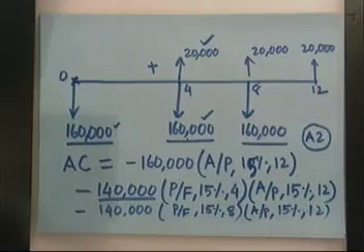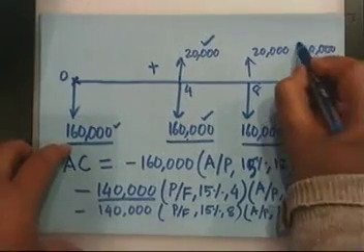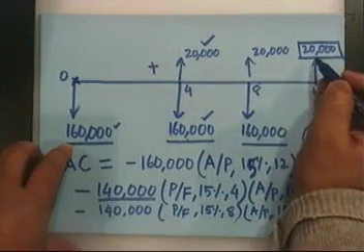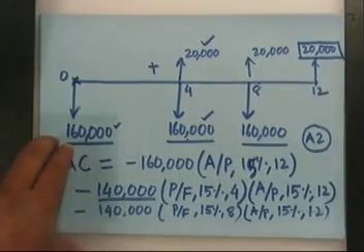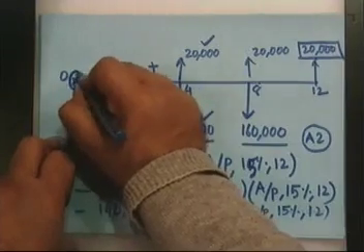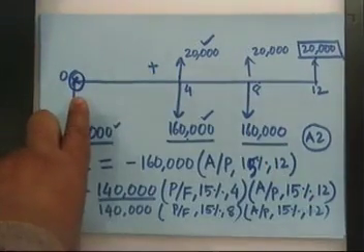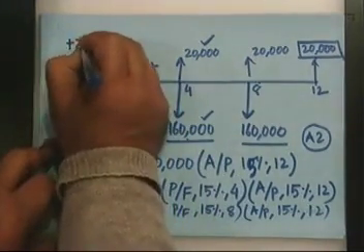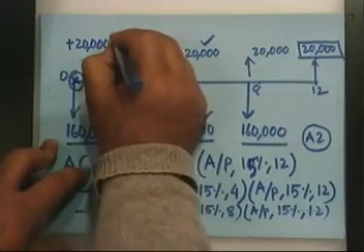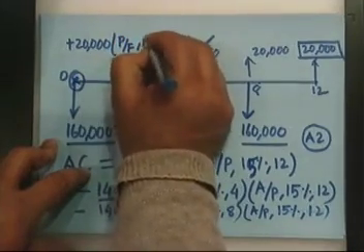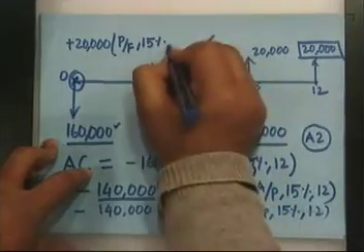Now, finally, if you see the slide, we have to annualize this value 20,000, this is still remaining. So, for annualizing this, what will I do? For this 20,000, there are many ways. One of the ways could be that I again bring this 20,000 to time t is equal to 0 and then annualize it. So, it would be plus 20,000 multiplied by P given F at 15% for a period of 12.